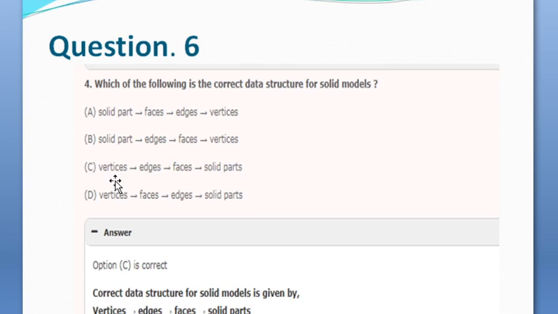Therefore, the option is C. Points are called vertices in boundary representation, lines are called edges, arcs are faces, then solid parts. It is the correct data structure for creating the solid model: points, lines, faces and solid. Vertices, edges, faces, solid parts.